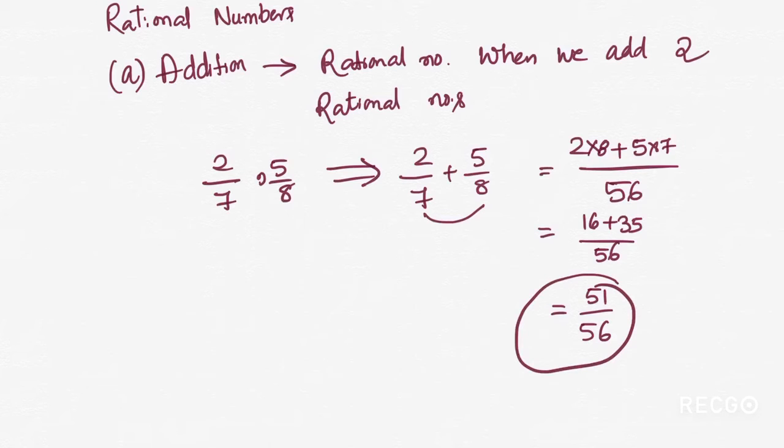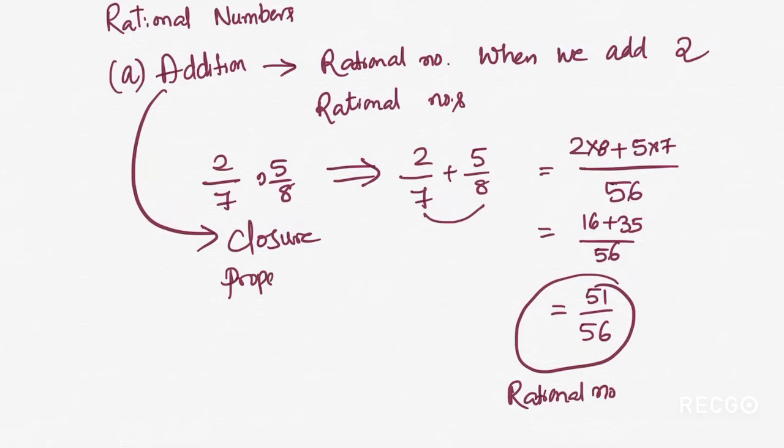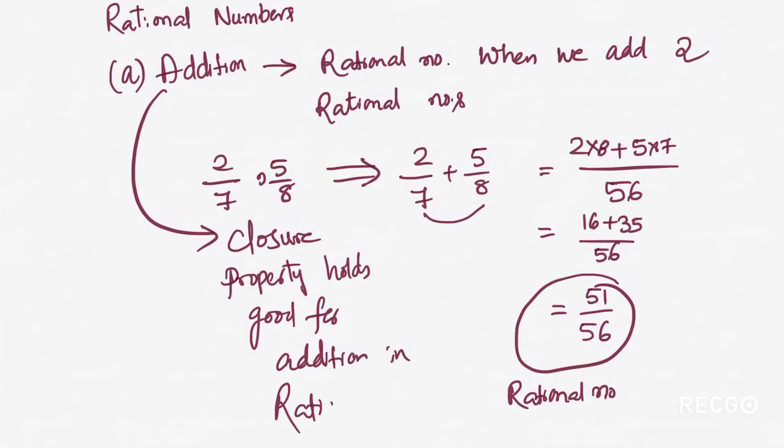This is also a rational number. Means, what do you mean by this? Closure property holds good for addition in rational numbers.